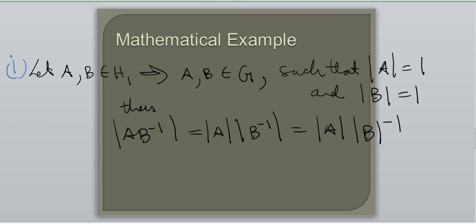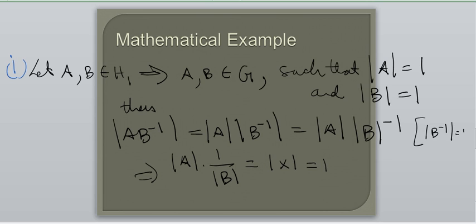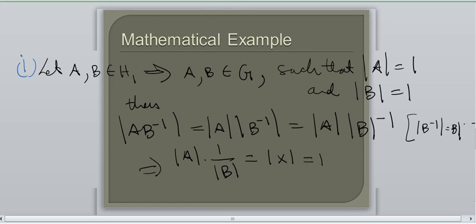So that implies determinant of A, which is 1, by determinant of B, which is 1, so 1 into 1, and that is equal to 1, because the determinant of B inverse is the inverse of the determinant of B. Now look very carefully.